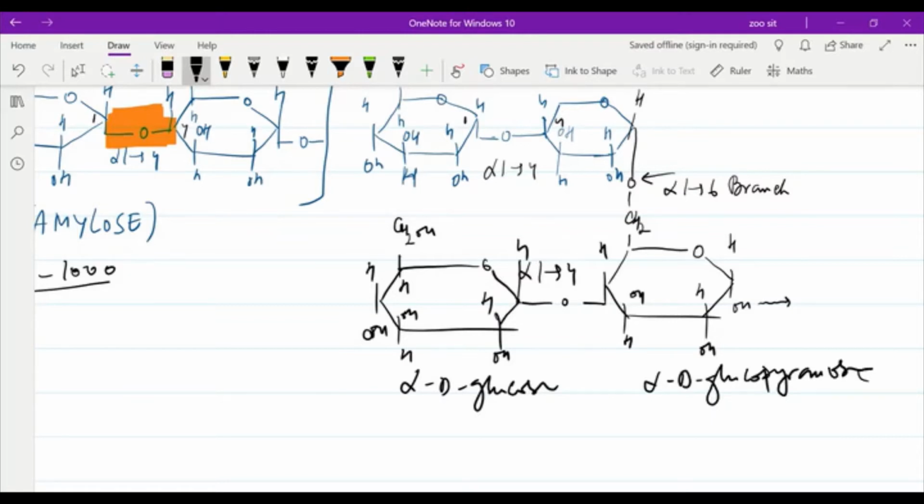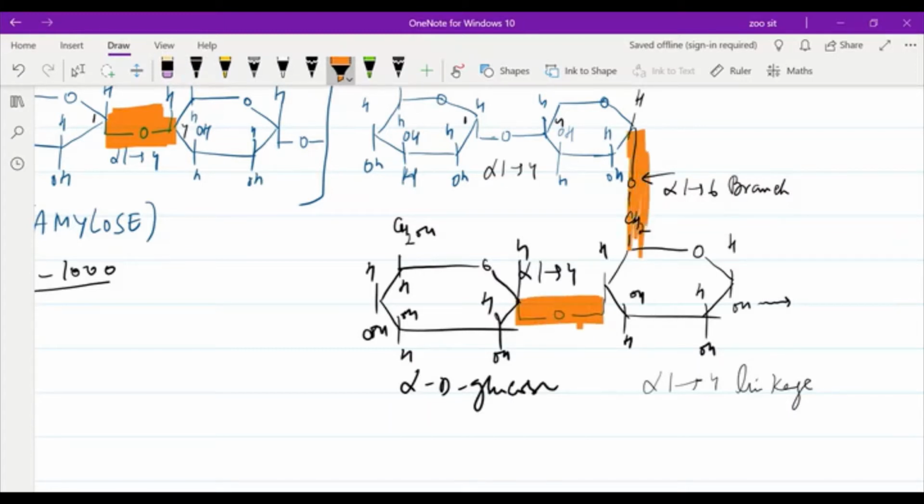In this way, at the branch points, the alpha-1,6 linkage occurs, and the alpha-1,4 linkage is repeated, whereas these are the linear bonds between two glucose molecules, and this bond here is called the alpha-1,6 linkage.